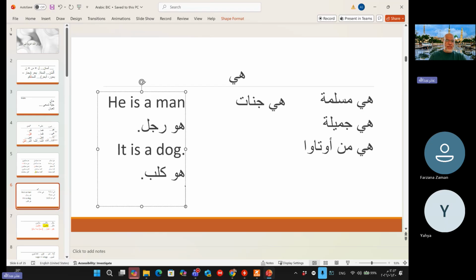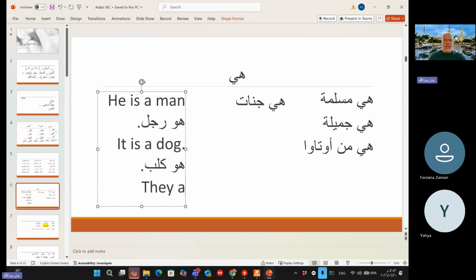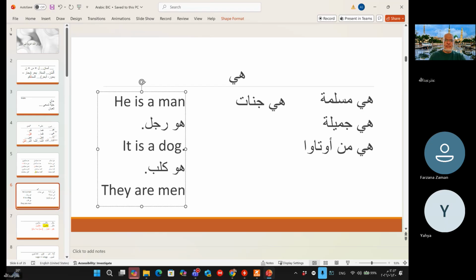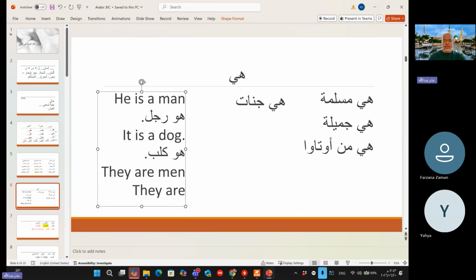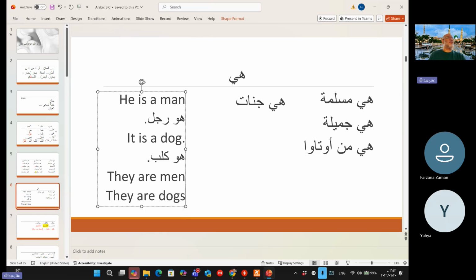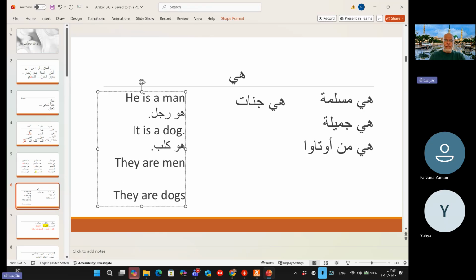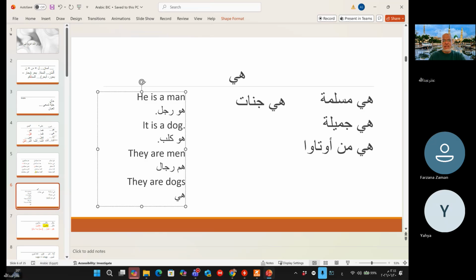Now, for the plural, English will say they are men, they are dogs. So the same pronoun, they. Arabic is different. Arabic will say hum rijal. This is the form of the plural of rajul. And when it comes to dogs, Arabic will say hiya kilab.